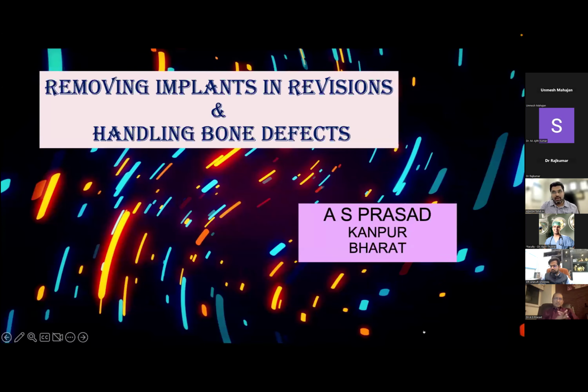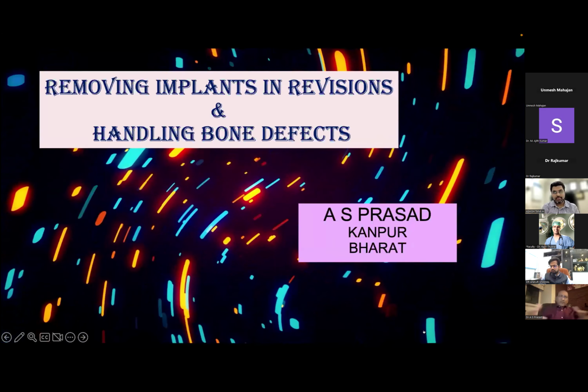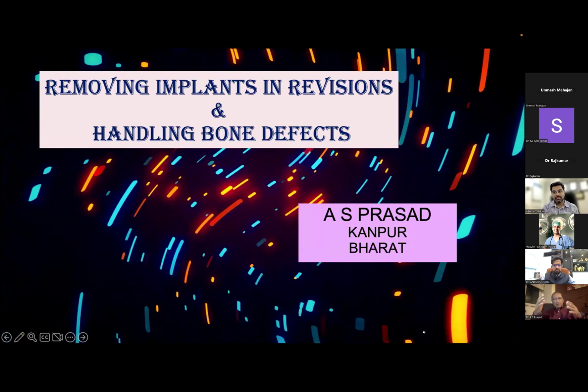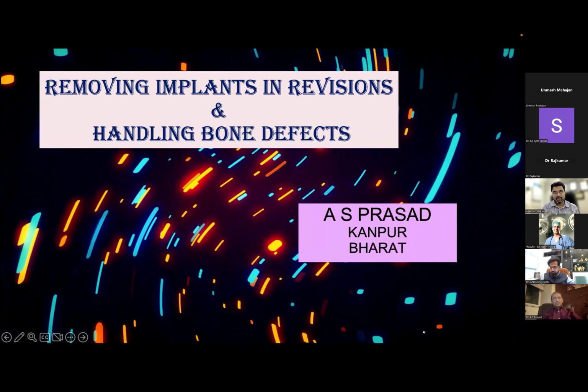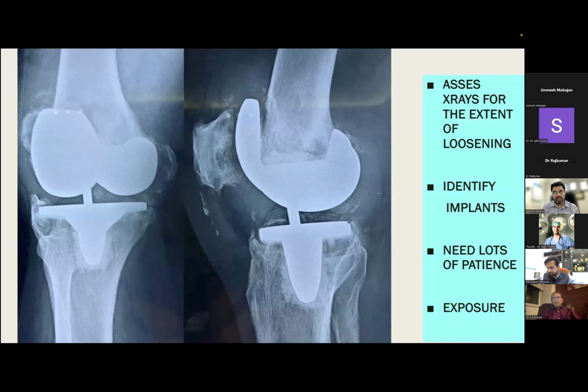So friends, thank you for having me here. Where Dr. Anil Arora has left, we'll start now. The first step is to assess the X-rays of the patient we are going to operate on. It will tell us a lot of things. I'll make it full screen and come back.